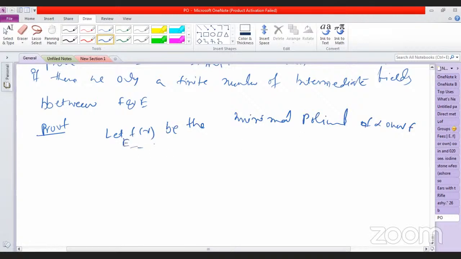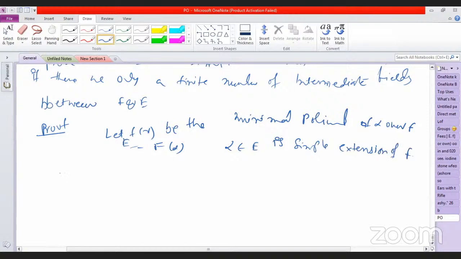But E is equal to F of alpha, where some alpha belongs to E, is a simple extension of F.